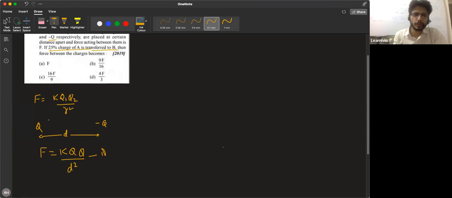Then he says that if 25% charge of A is transferred to B. If this is A and this is B, and I transfer 25% charge from A, then how much charge will be left on A? That's 75%.